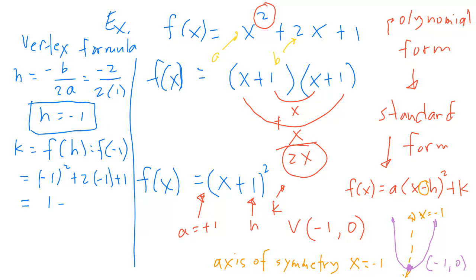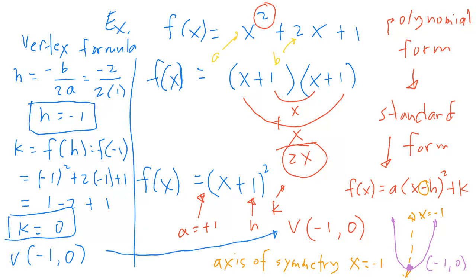I'll get 1 minus 2 plus 1. So k, I'll get 0. So as you can see, it gives you the same answer. The vertex is at negative 1 comma 0. So that's exactly the same as what we have here.